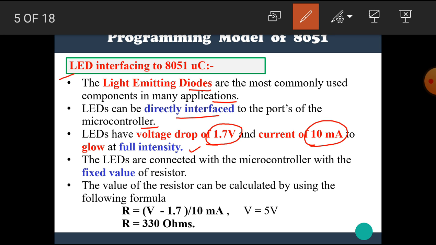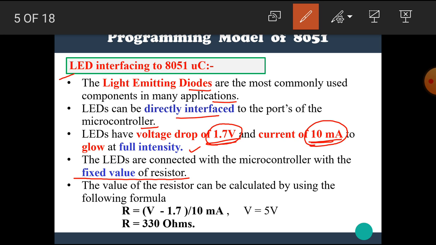The LEDs are connected with the microcontroller with a fixed value of resistor.